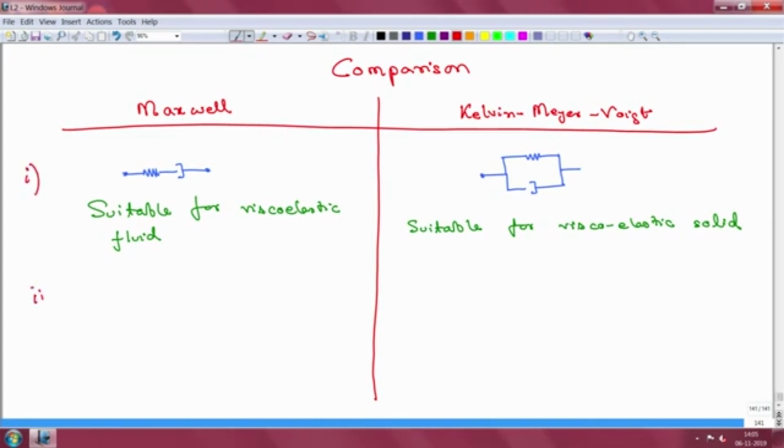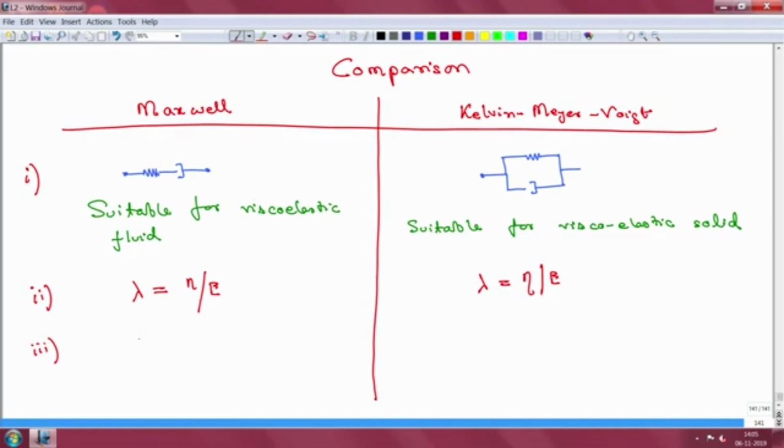We saw that in both the cases we could define a certain time scale given by eta by E, and in this case you had again a time scale which is again eta by E. So, the response time scales for both cases look quite similar.